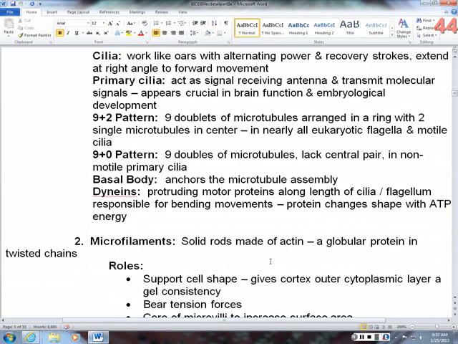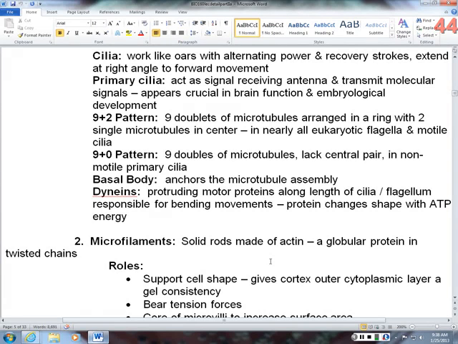So when you look at these in your membrane, so we're going to say this is your membrane, you're actually going to have this basal body that it attaches to in there, where you're going to have one of these hooked to that basal body. It's going to anchor that assembly onto the cell. And then you've got these little dyneins that are protruding motor proteins along the length.